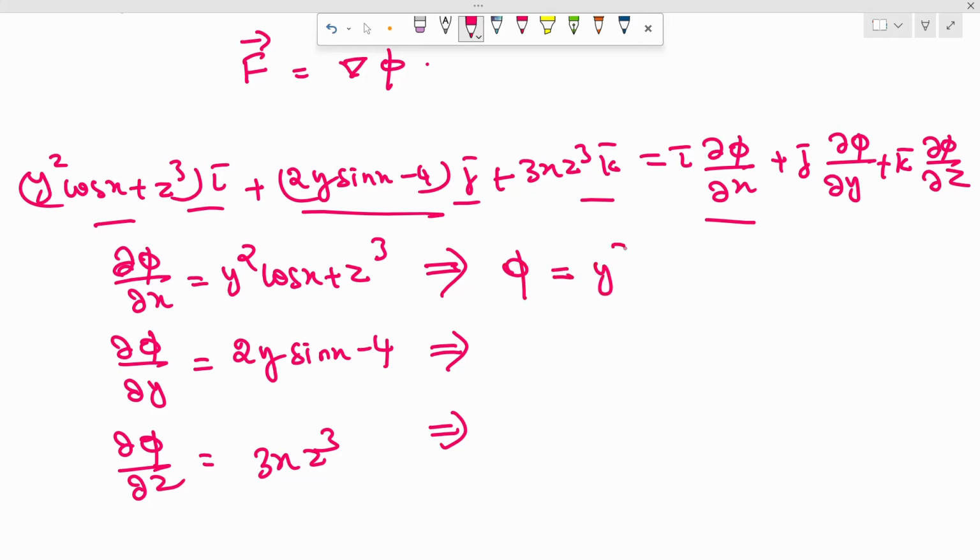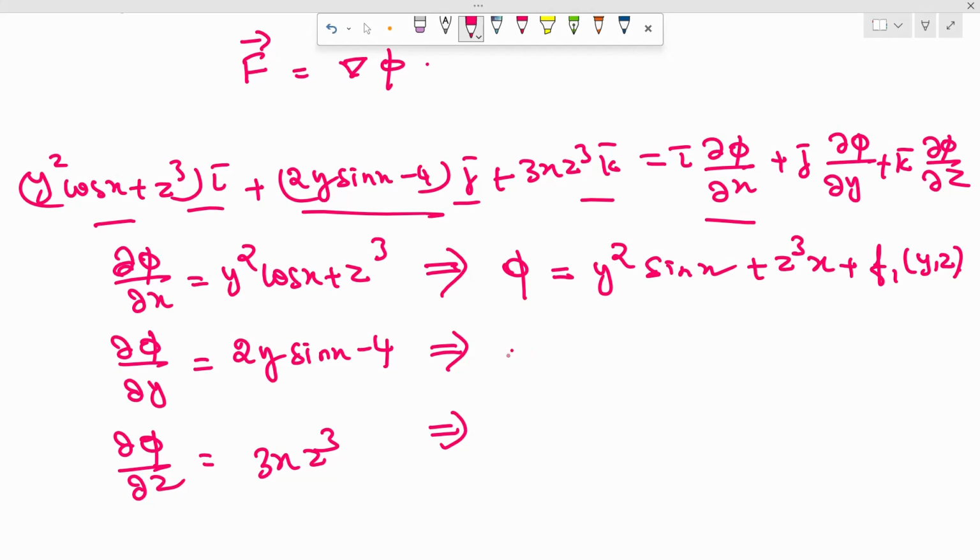Right hand side, y square into the integral of cos x is sin x, plus z cube into x will come, plus f1 of y comma z.